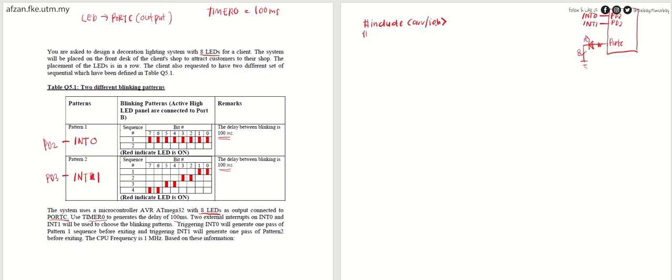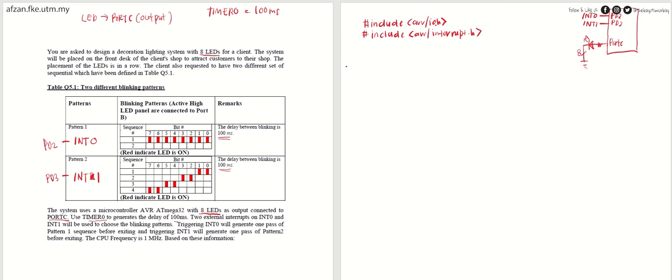The second one, you need to include the interrupt header file, so #include <avr/interrupt.h>. This is your step number one.